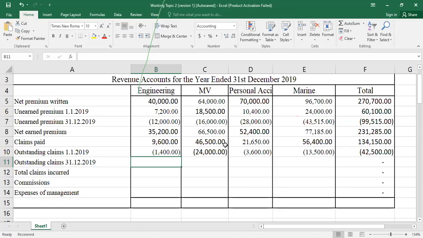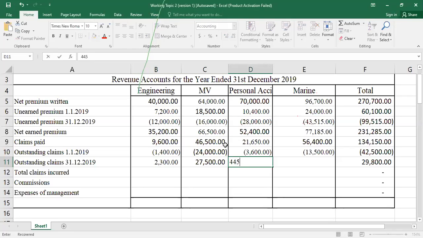We've been given the figures down there. It is part B of the additional information. So we have 2,3. Then for the motor vehicle, it is 27,500. For the personal accident, it is 4,450. And for the marine, it is 17,550. Is that okay?